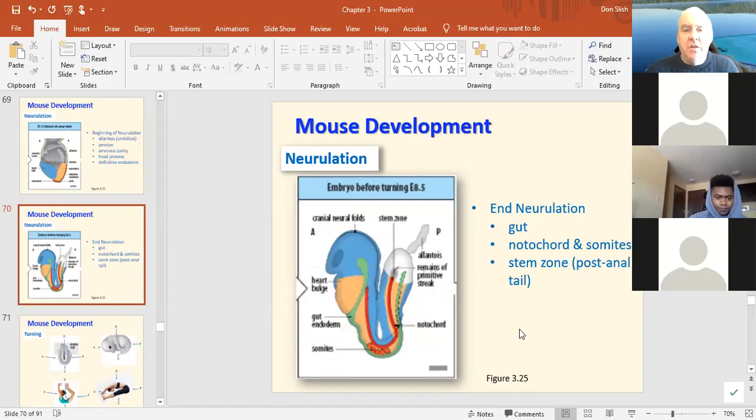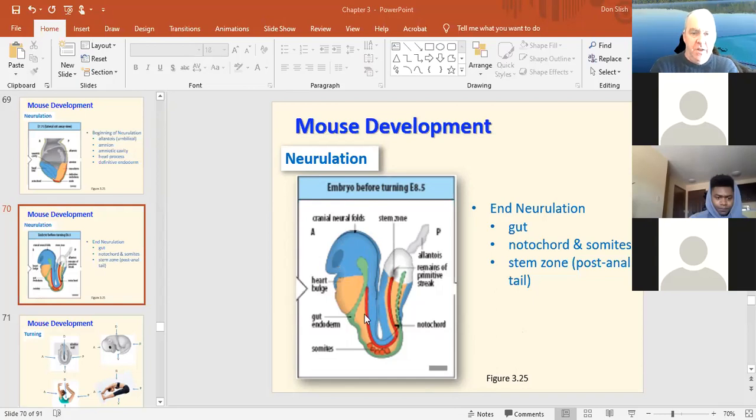And just like we see in most other models, you get a neural plate forming on top of the notochord, and then the neural plate folds up to give you neural folds, and then it closes up to form a neural tube, closing in the middle first and then progressing anterior and posterior to close up that neural tube. And then everything anterior to the notochord becomes head here.